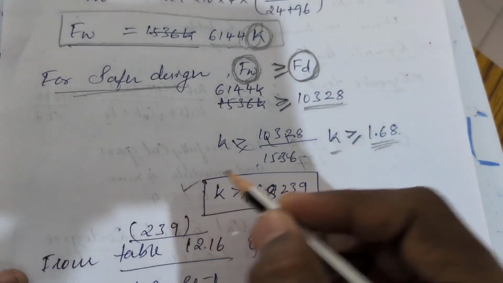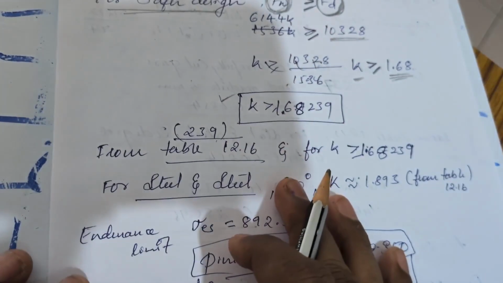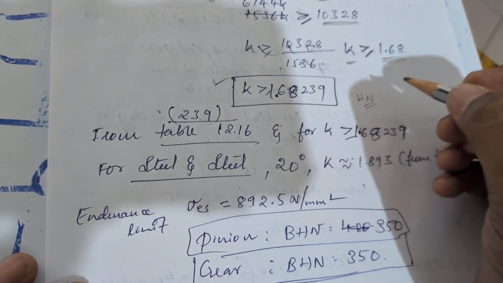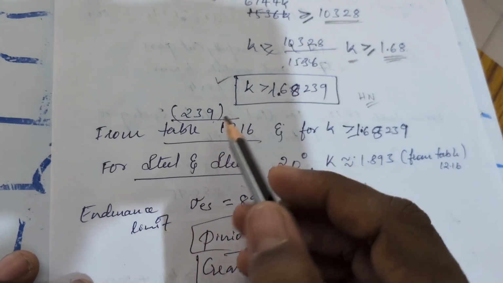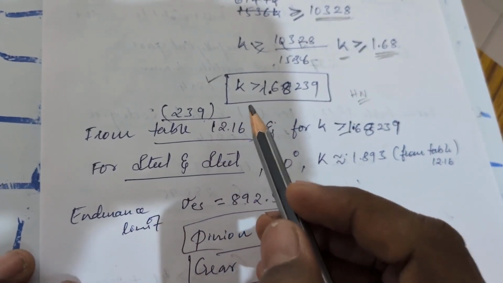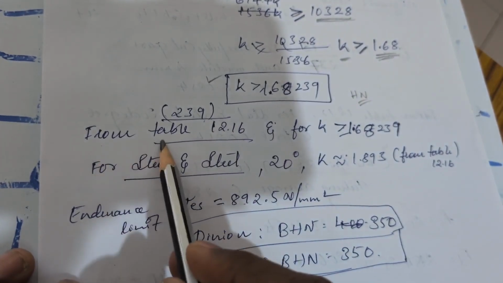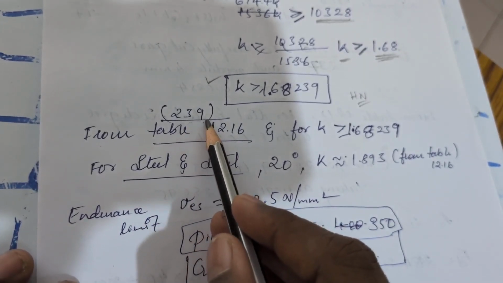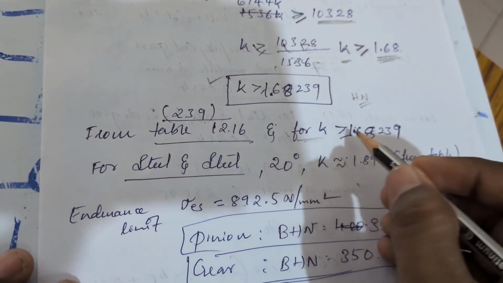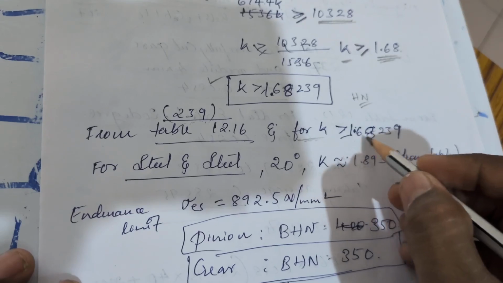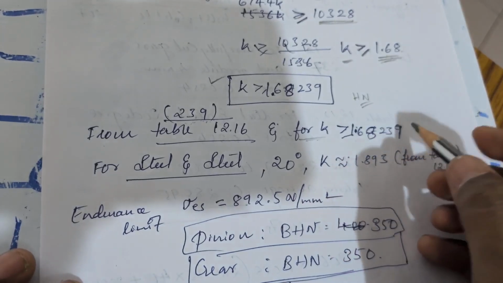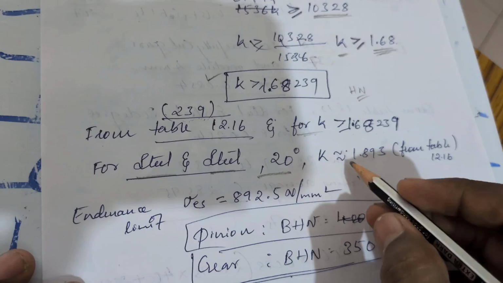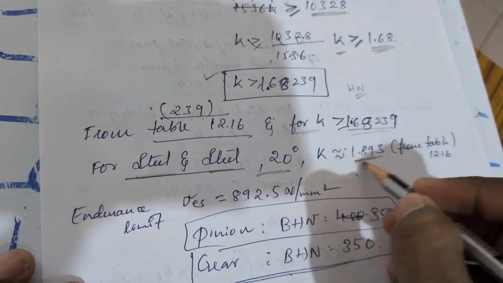For this case, now I will be calculating the BHN, that is the hardness number, for each of the gear and pinion. For calculating the hardness number, from Table 12.16, page number 239 of the data handbook, for K greater than 1.68, and for steel and steel 20 degree, K comes out to be more than this, 1.893.